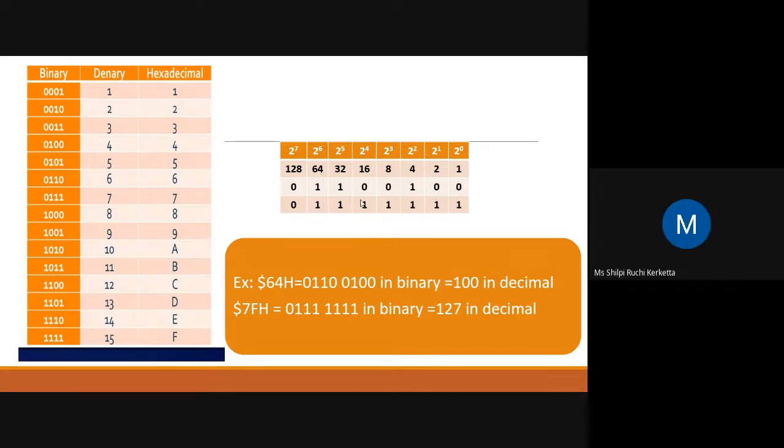And 96 plus 4? 100. So the value of this binary number is 100 in decimal. Any doubt how we are converting this? No, ma'am.